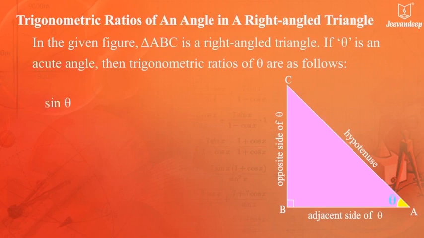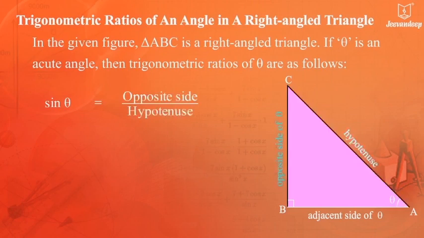Sin theta equals the ratio of opposite side and hypotenuse, which equals BC upon AC.